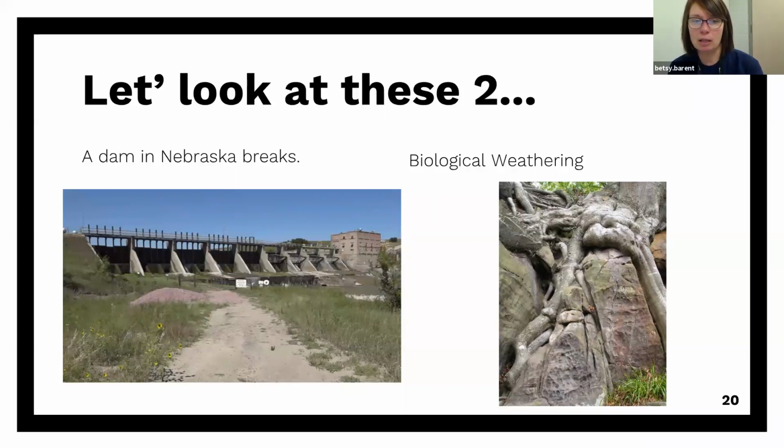The first one is a dam in Nebraska breaks, which is incredibly relevant for us here right now. The Spencer Dam broke last week and has resulted in devastating flooding here in the state of Nebraska. The other phenomenon I borrowed from the Wonder of Science website, and it's called biological weathering.